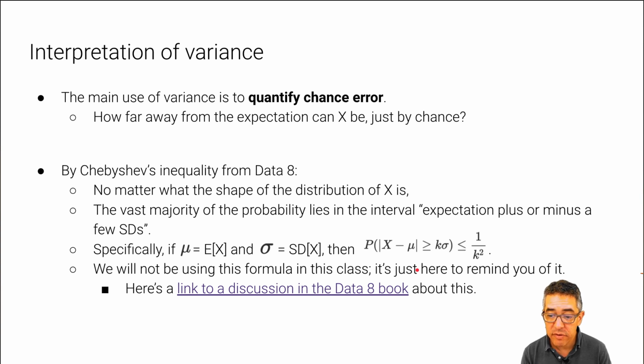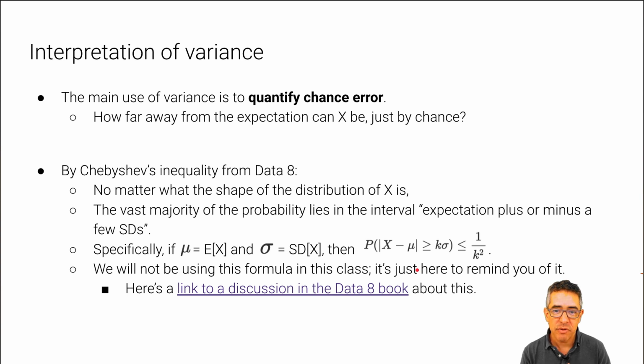So if you look at, say, square root of 2, which is about 1.4 standard deviations to the right or the left of my expectation, then the probability of being further away than that is less than 1 over square root of 2 squared, which is a half.